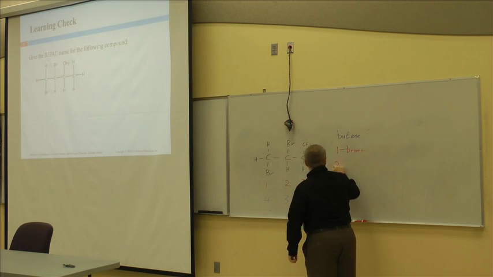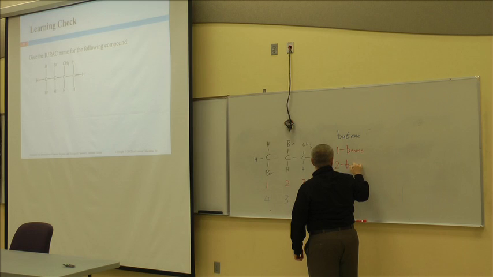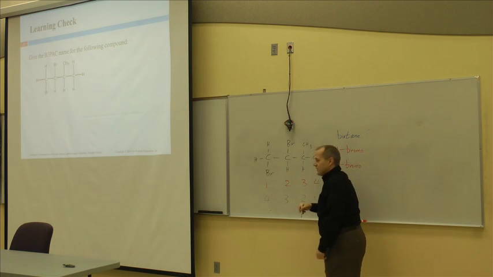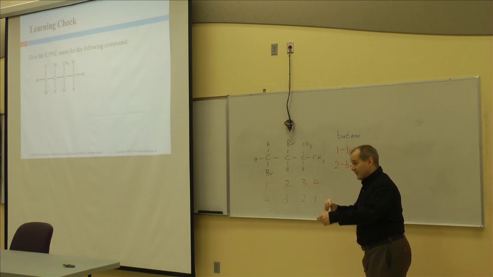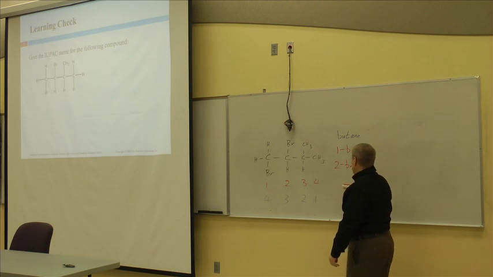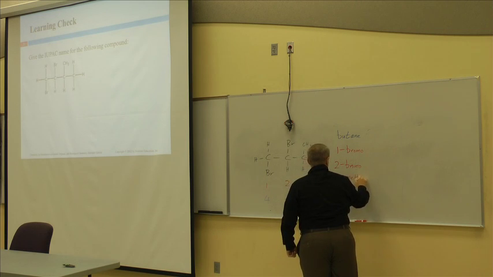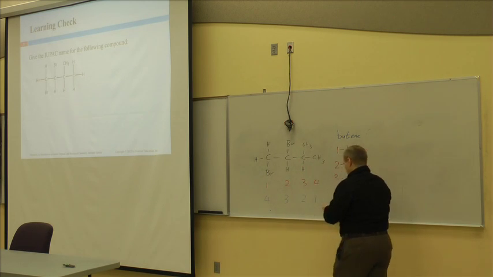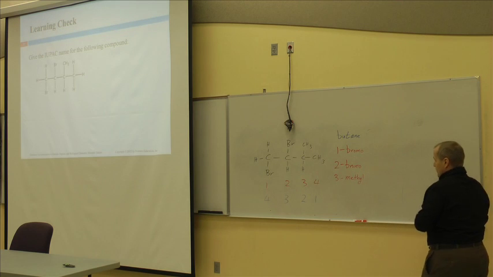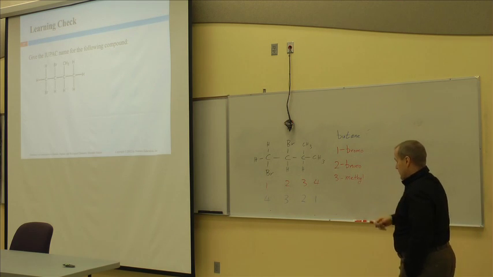Bromo. 2-bromo. And 3? There's a methyl, right? Everybody see it? Yes. So it'll be 3-methyl. And that's all that's there for substituents using the red ink.